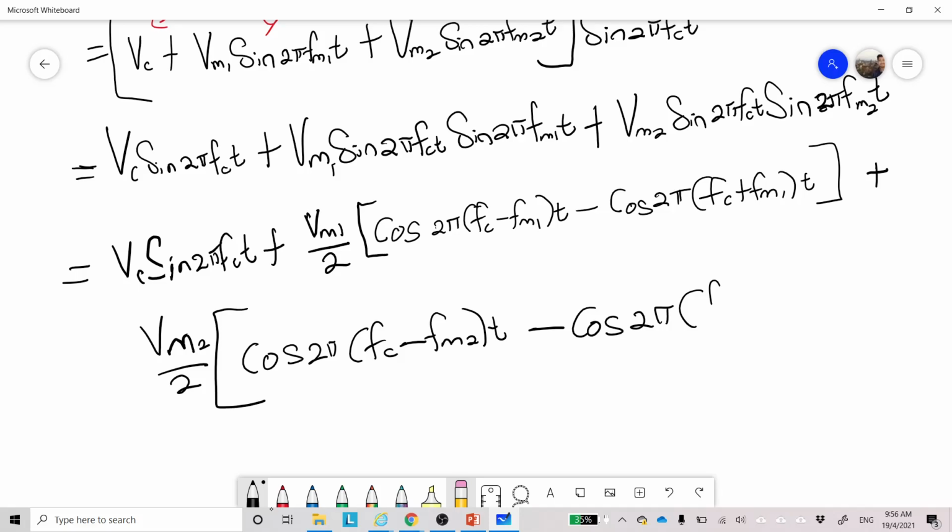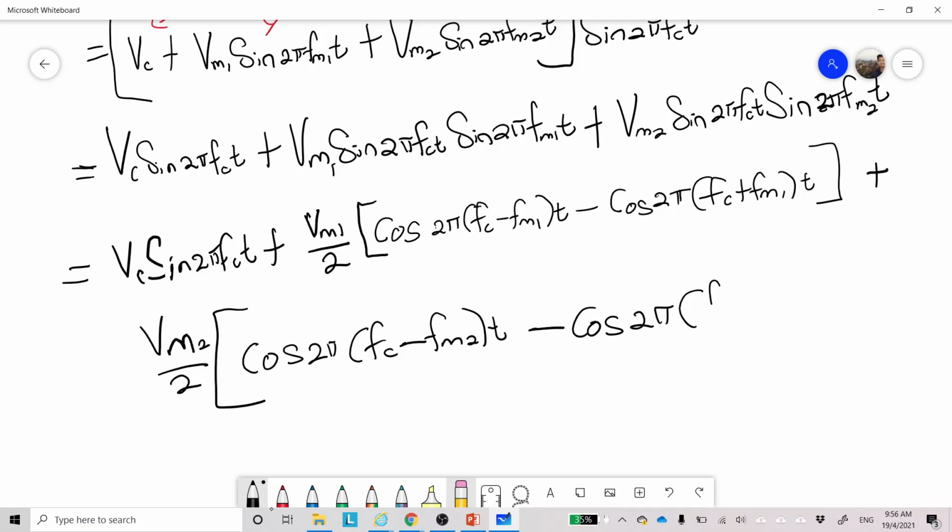So this is located at fc, and then we have the first input message, located at fc minus fm1 and fc plus fm1, and the amplitude is vm1 over 2, vm1 over 2.